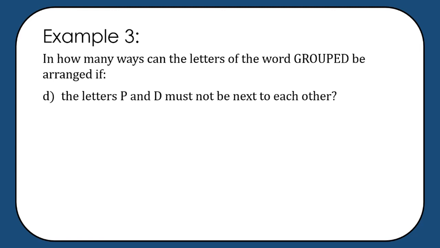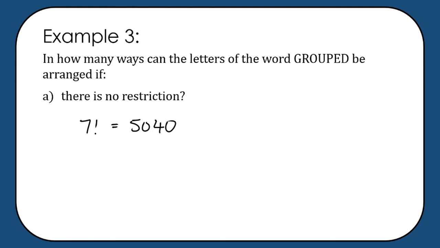In how many ways can the letters of the word grouped be arranged if the letters P and D must not be next to each other? Okay, so this is where it's useful that we've already worked out, and in fact, even if I was given this question without having been asked part B, I would probably still find how many different ways I can do it with P and D grouped together, and then subtract that from the total number of arrangements. So we know, let's flick back to our previous parts.